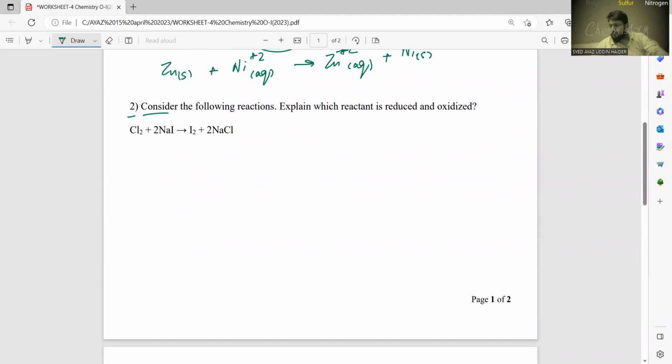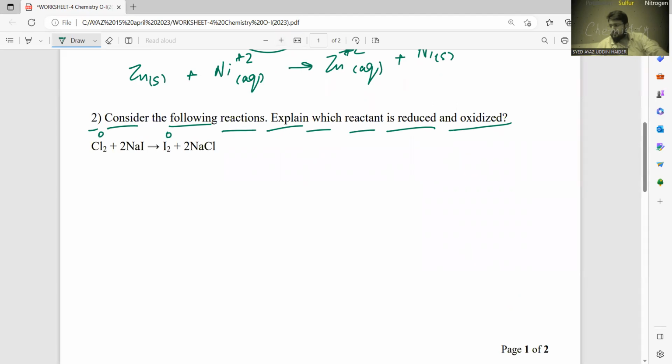Number 2, consider the following reactions. Explain which reactant is reduced and oxidized. Here's the reaction. Cl2 plus 2NaI gives I2 plus 2NaCl. Now write down the charges. This will help you in finding out which reactant is reduced and oxidized. Remember, the charge on the element will be 0, so I will write 0 on Cl2 and 0 on I2.